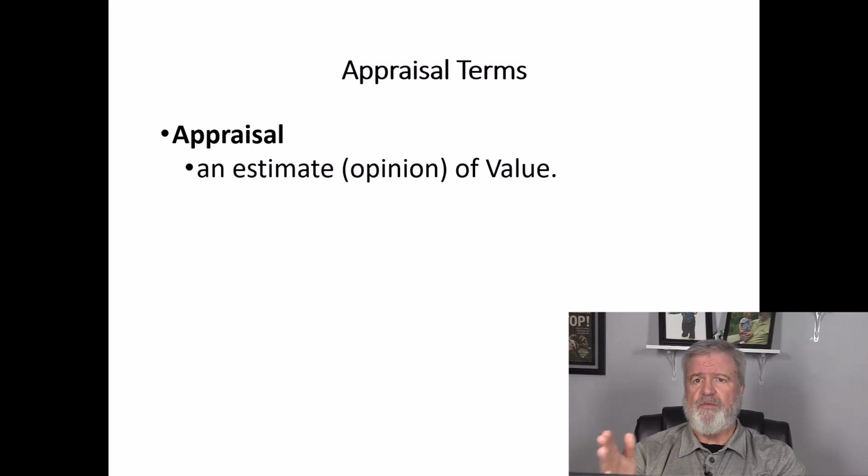But it could vary a little bit. Now look, it shouldn't be a great big difference in the value from one appraiser to the next, although it happens. Appraisers are human too. Sometimes one appraiser missed something. Maybe another appraiser just went way overboard on something. But we're human. Things like that happen.